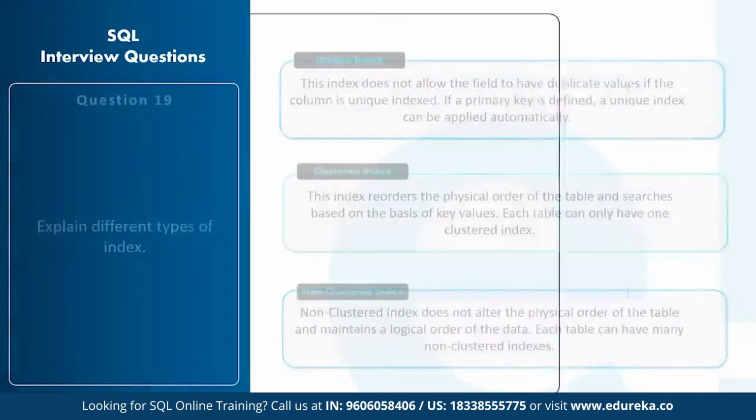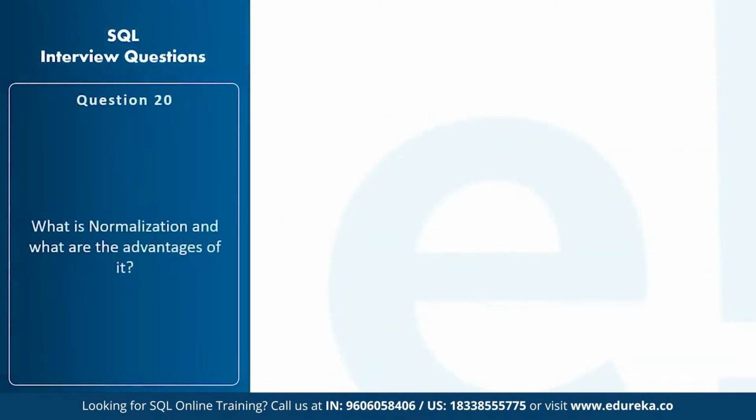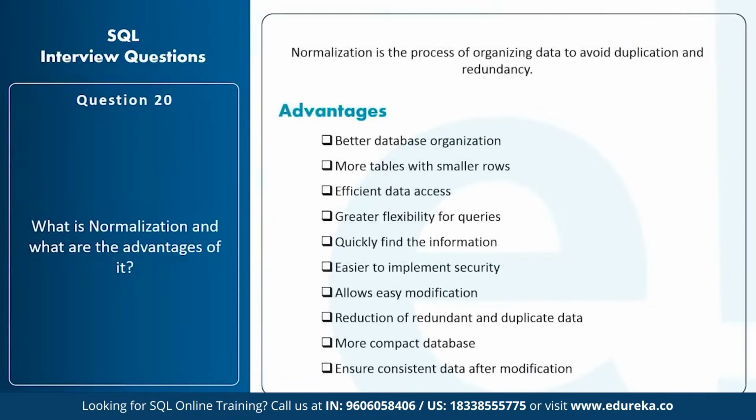Now moving forward to our next question, that is, what is normalization and what are its advantages? Normalization is basically the process of organizing data to avoid duplication and redundancy. It's basically the opposite of denormalization that we just talked about in one of the previous questions.